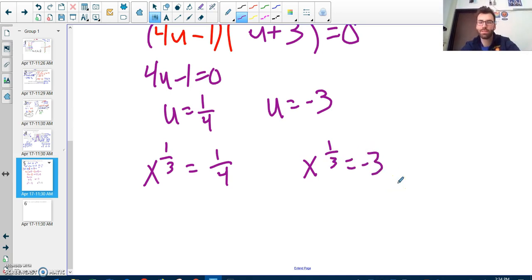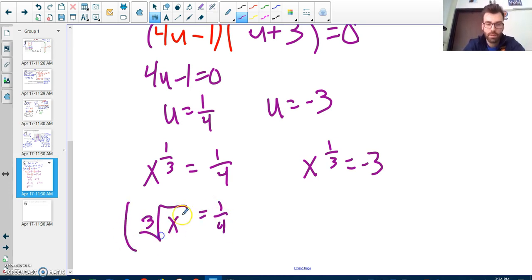There are two ways to think about this x to the 1/3, and I'm going to show both. I can think of this as the cube root of x equals 1/4, and cube both sides. I get x equals 1 cubed is 1, 4 cubed is 64.